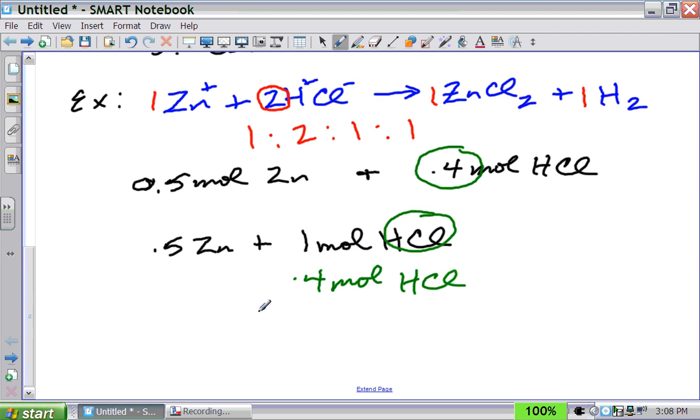Since we have 0.5 moles of zinc, we need twice that amount, which means we need 1 mole, but we're only working with 0.4 based on what was given. So our limiting reactant in this equation is HCl.